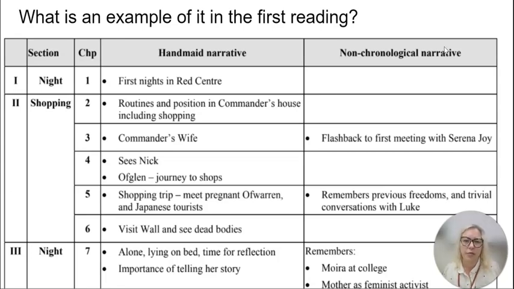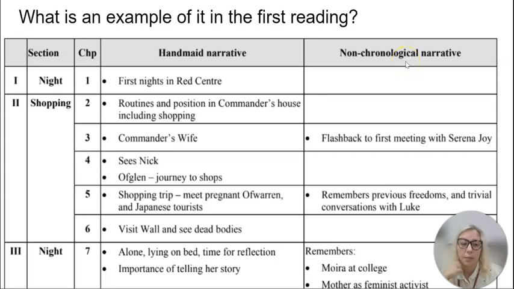The book opens up 5 weeks into Offred's new position at her 3rd placement. So anything that happens before that is actually a flashback, or at least not in the current timeline. And so it would be non-chronological.